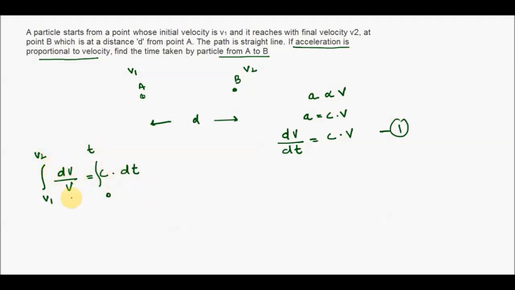Now if I integrate the left hand side, this is nothing but ln of v, so it will be simply ln of v under the limits from v1 to v2, and since c is constant, it will be taken out from the integration, and I'll have to integrate only dt, right?